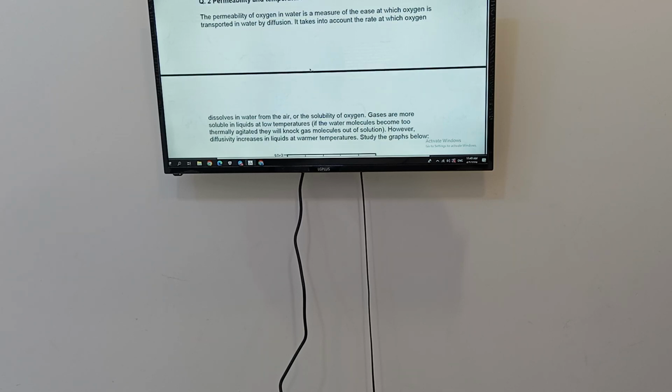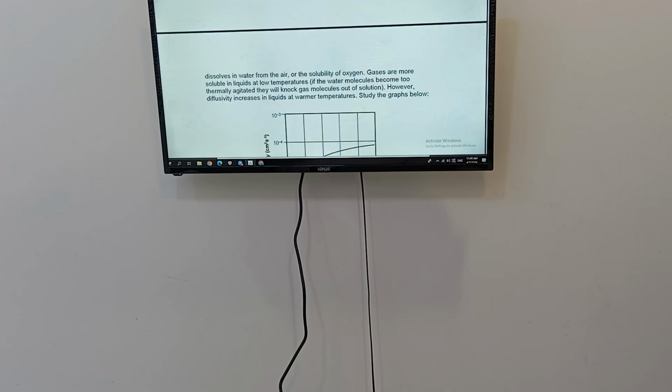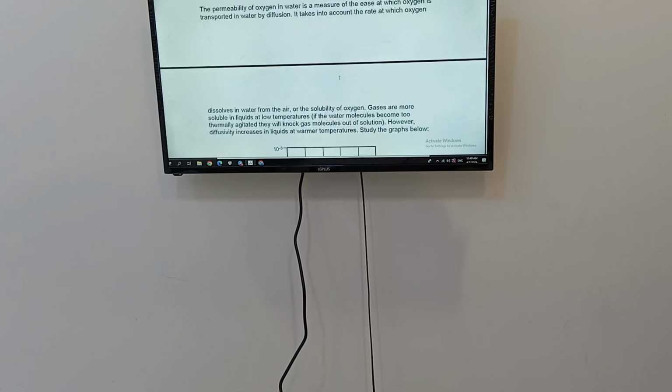It considers the rate at which oxygen dissolves in water from air, or the solubility of water. So this permeability will depend on the solubility of oxygen.